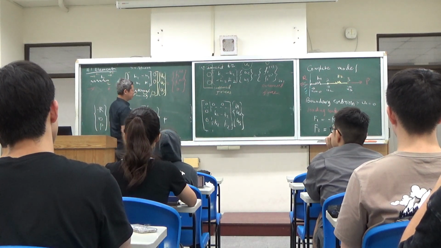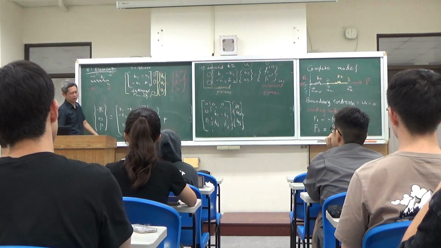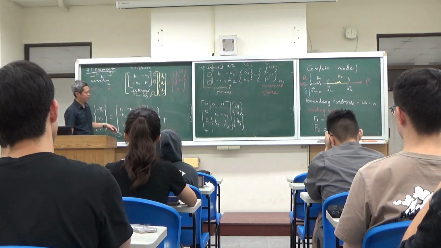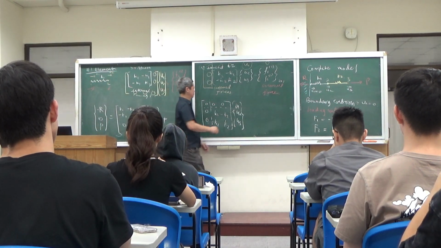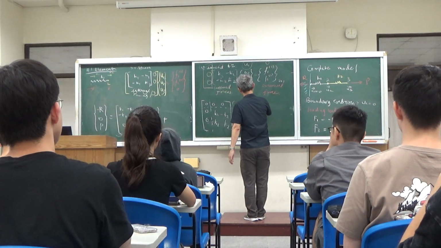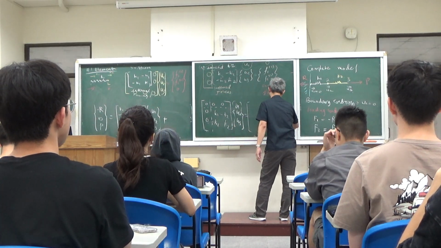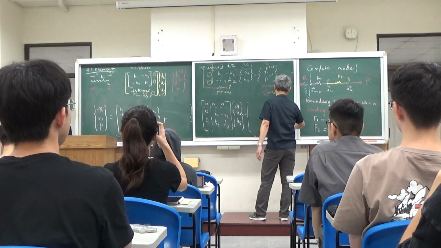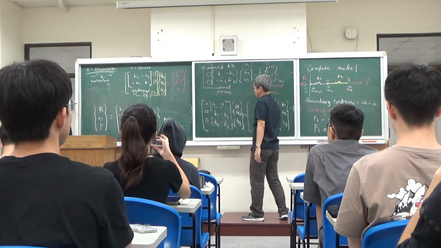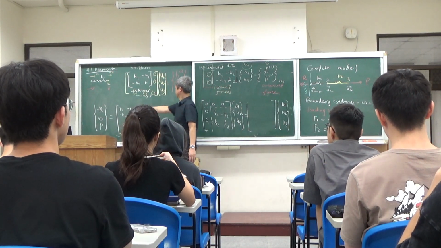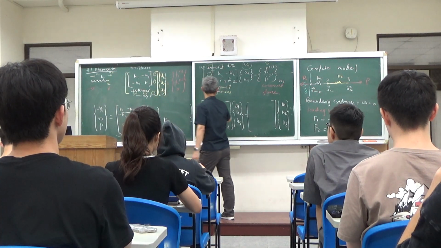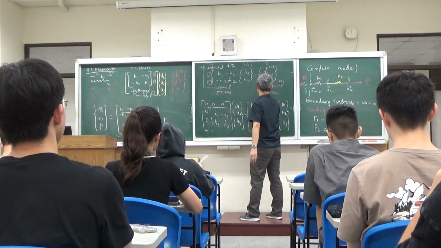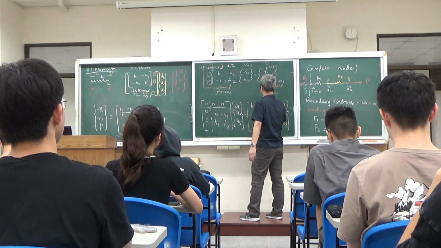So after you do the sum, what will happen? After you do the sum, this is the matrix simplification. You see that the first row will be K1 minus K1 0.